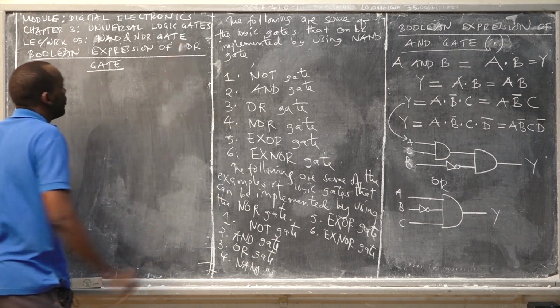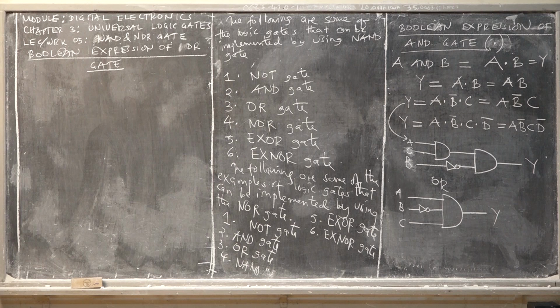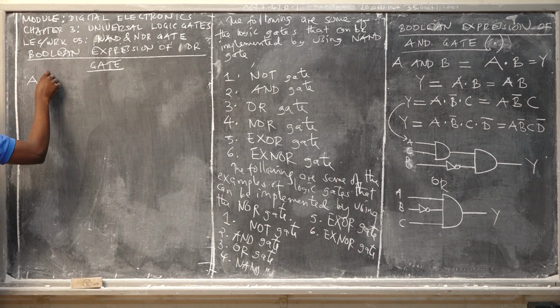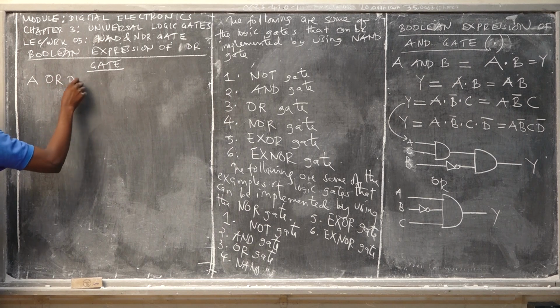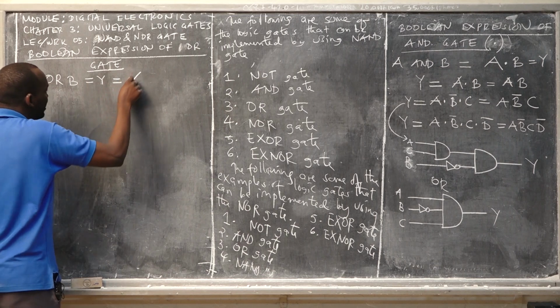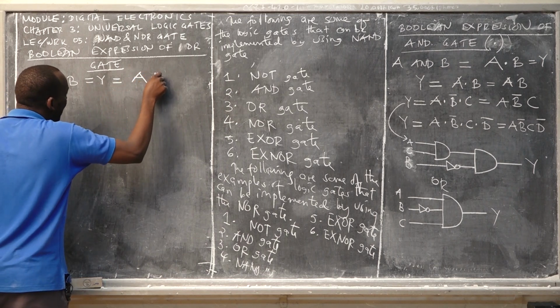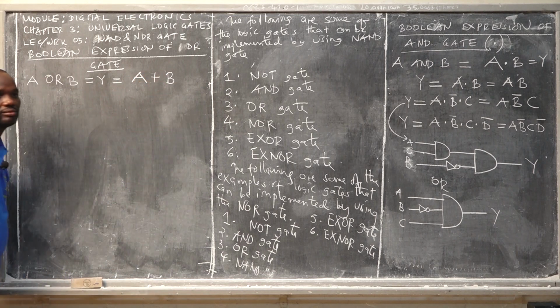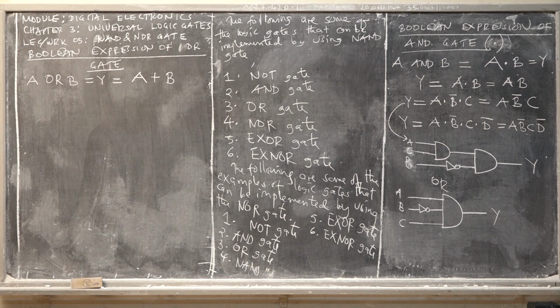We are not yet in the OR gate. NOR gate. So for the Boolean expression, we just write A or B. This we may call Y. And then this one, we just write it A plus B. So whenever you see plus in a Boolean expression, it means OR gate.